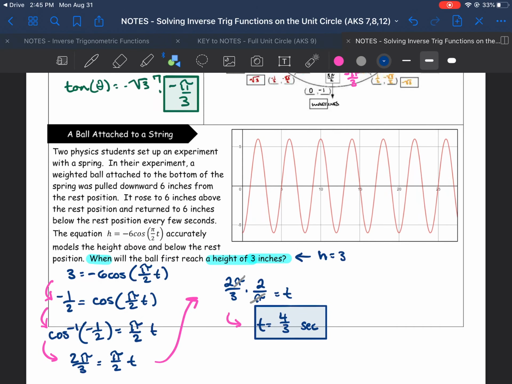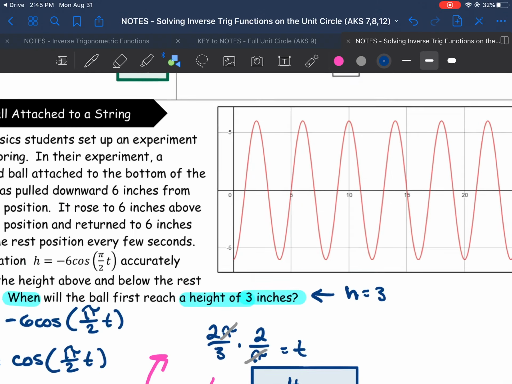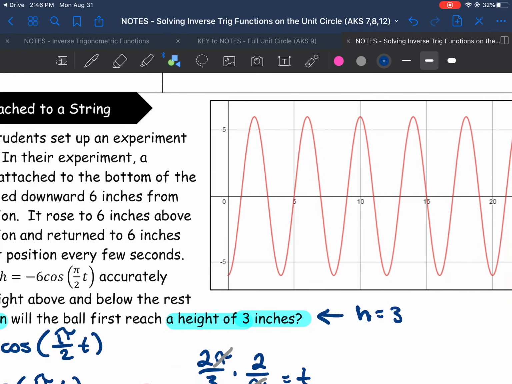So there's actually a way for us to determine if our answer here is correct. First, we can estimate it. So notice I provided a graph of this cosine function, and we wanted to find the time when the height is equal to 3. Now we can't tell exactly, but we can estimate that the height of 3 is probably about right there-ish.